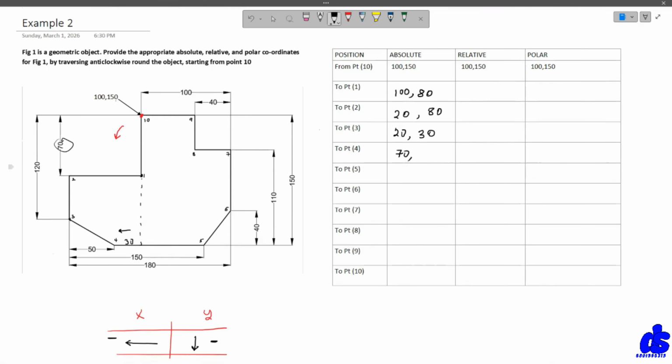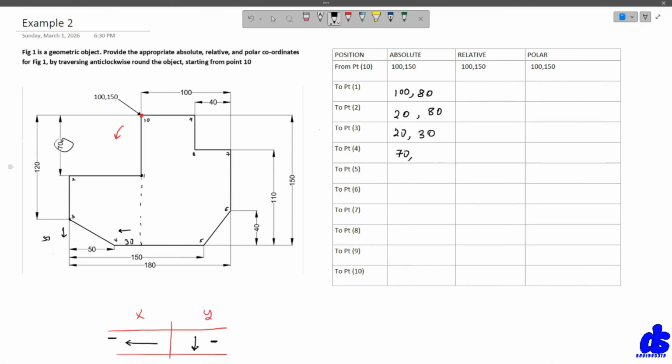Now for y, we are moving down a distance. We have the entire thing to be 150, and here is 120, meaning from here to this is also 30. Right. So we are moving down a distance of 120 plus 30, that's 150.